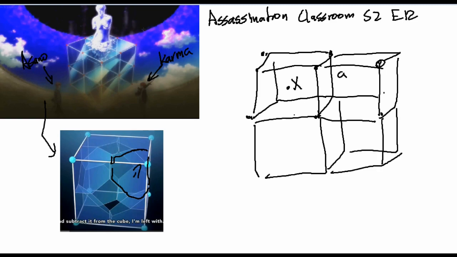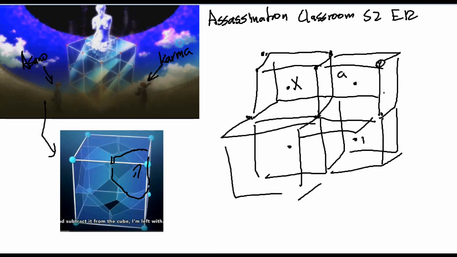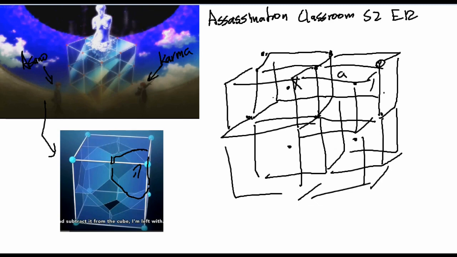But how exactly does that help us? Well, if you tile the shape with more cubes, you'll see that if we keep tiling, then something very interesting happens. We see that these center points form a cube of their own. These center points also form a cube that are equivalent to the outside cubes.